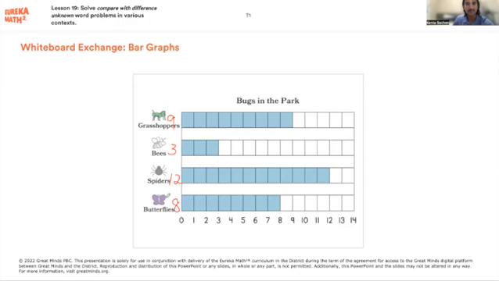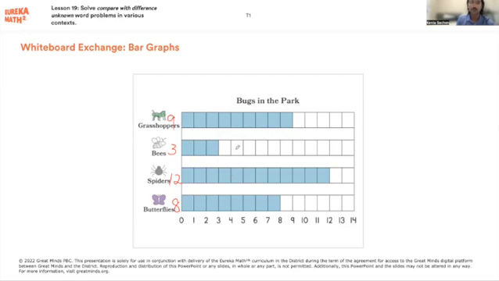Maya, how many grasshoppers, bees, and butterflies? Did you say 20? Yeah, 20 is correct, right? Because grasshoppers and bees we said was 12, and 13, 14, 15, 16, 17, 18, 19, 20. Good job, right? 20 grasshoppers, bees, and butterflies.